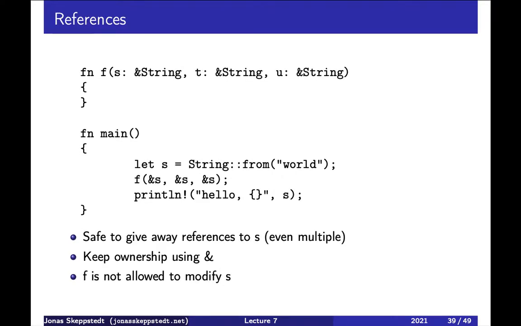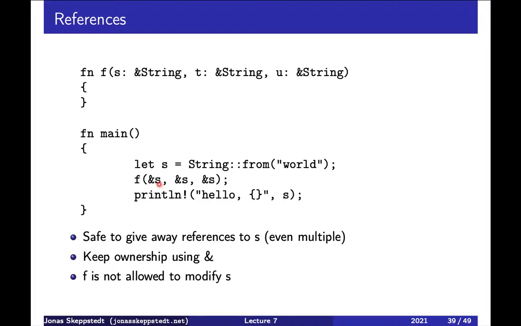Okay, so what we can do instead is, I'm not sure if this qualifies as being nicer looking, but this works. We can introduce references. So what we do now is to give away this object, but as a read-only object.